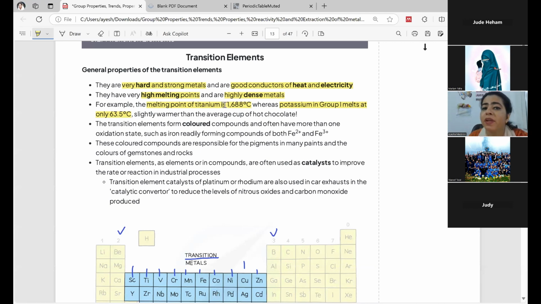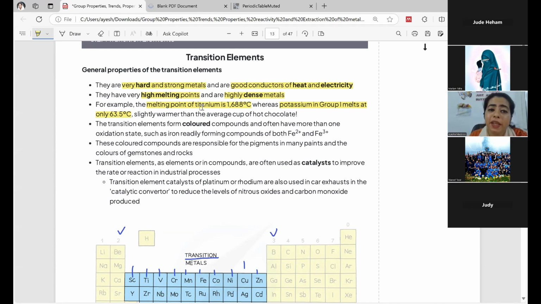No need to remember these temperatures, but you can compare them. 63 means slightly warmer than a cup of hot chocolate. So if you have a little higher temperature, around 63, potassium will melt, but nothing will happen to the titanium, which is a transition metal.